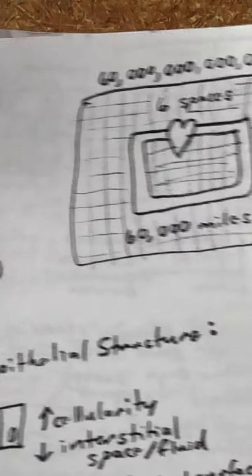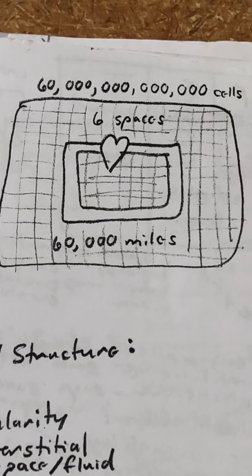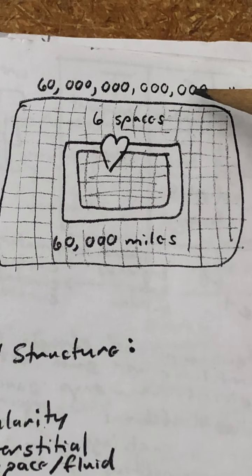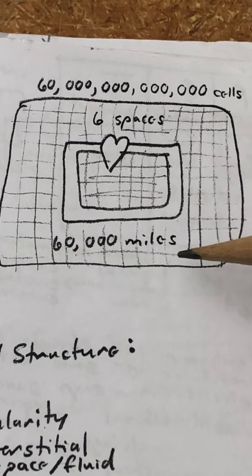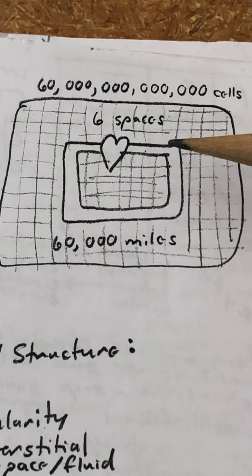For big general features right here, some big general things. Remember we said that there's approximately 60 to 100 trillion cells inside the body, but here's something else that's kind of unique. There's approximately 60,000 miles of blood vessels inside the body, because in a very generalized way, diffusion is limited.